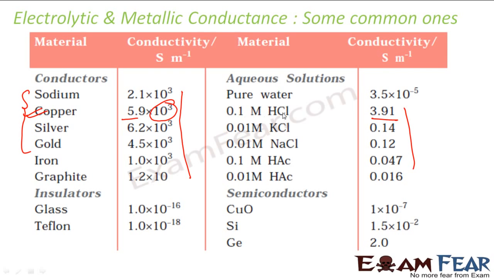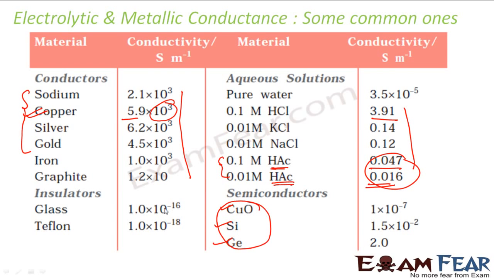Also, if you see, the conductivity of the solution depends on the molarity. For example, in both cases you have HAc as the aqueous solution, but the molarity is different, the concentration is different, and they have different conductivity. Semiconductors, we have carbon, silicon, germanium.